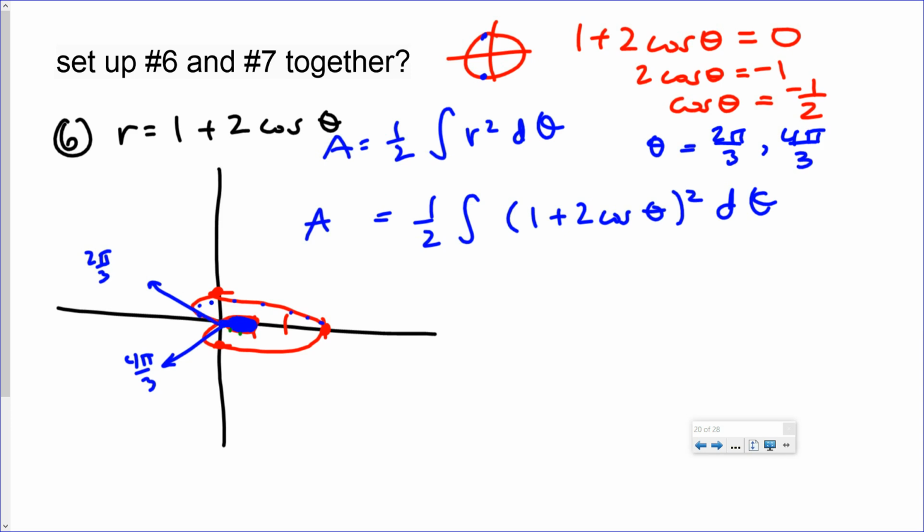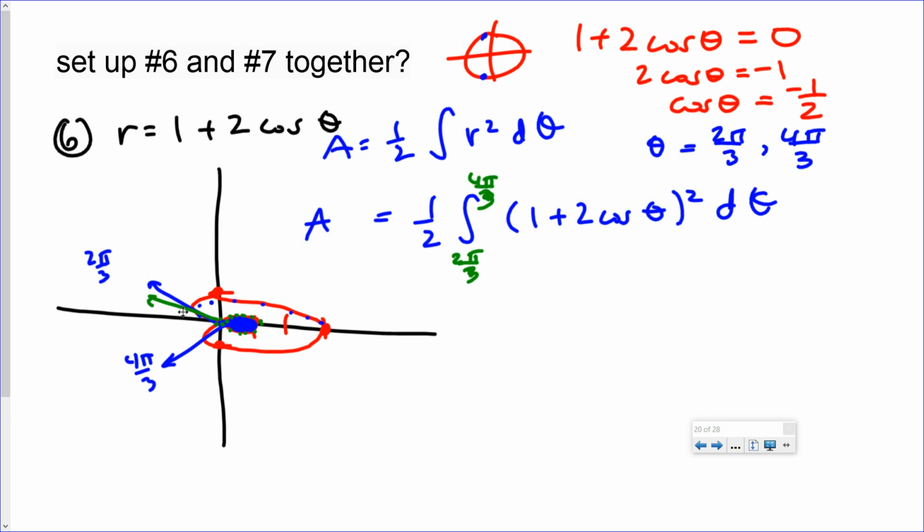But then when you went to the next one, you started stepping backwards. And guys, that's why this inner loop is bounded by 2 pi over 3 to 4 pi over 3. It's because you're walking backwards. And when you got to this point, you got to 4 pi over 3. So this right here is from 2 pi over 3 to 4 pi over 3 because your petal was formed when you were walking backwards from those angles.